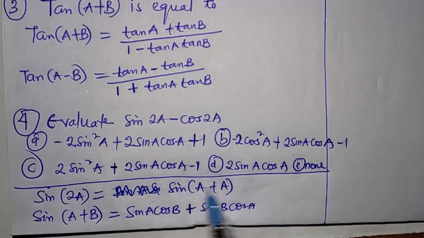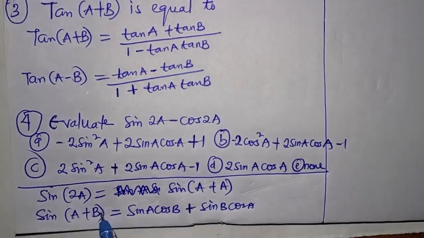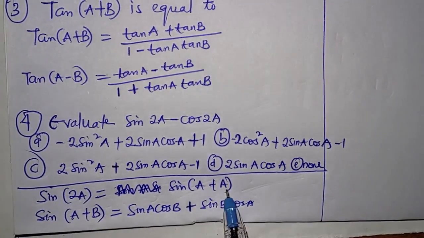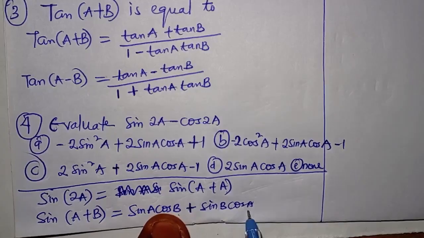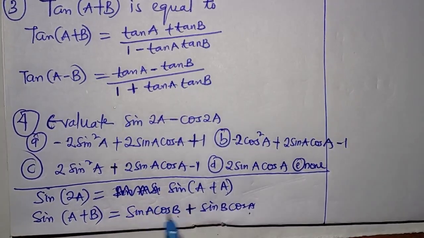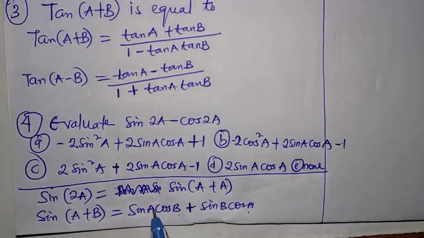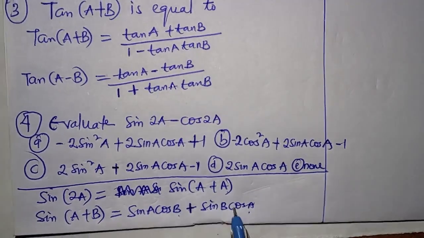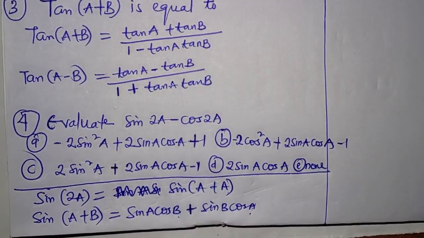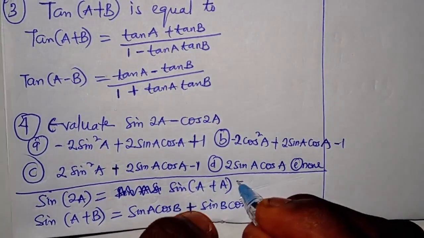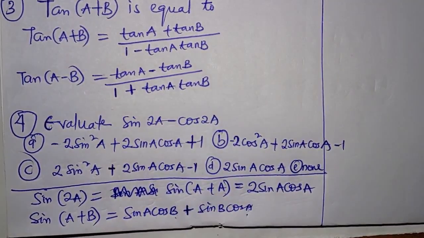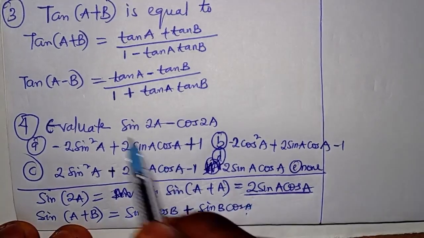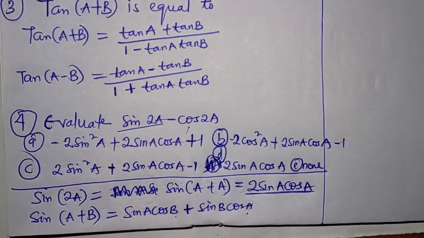So if I am now dealing with A plus A instead of A plus B, A is still A, B will now be A. So I will be writing sine A cos A plus sine A cos A. And that will give me 2 sine A cos A. That's the sine of A plus A, the double angle. 2 sine A cos A is just for sine 2A. Let's determine that of cos 2A.